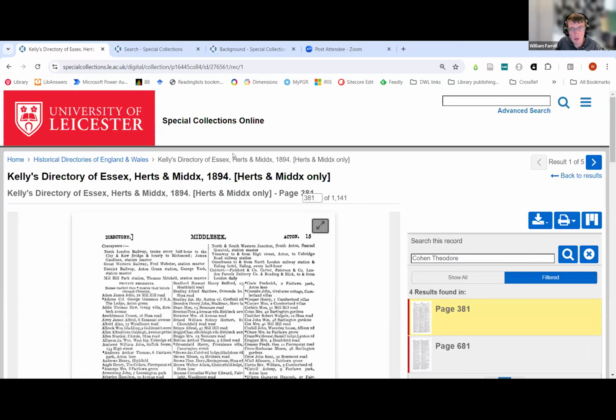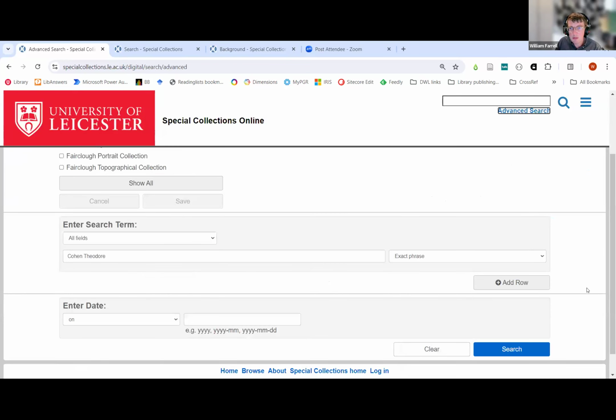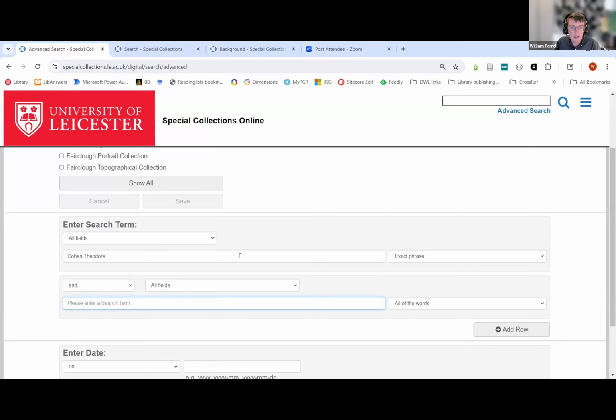So that's how to search for a person. As I said, if you do know a bit more information and you think it would help you find the person, we could have added in the street he lived in.